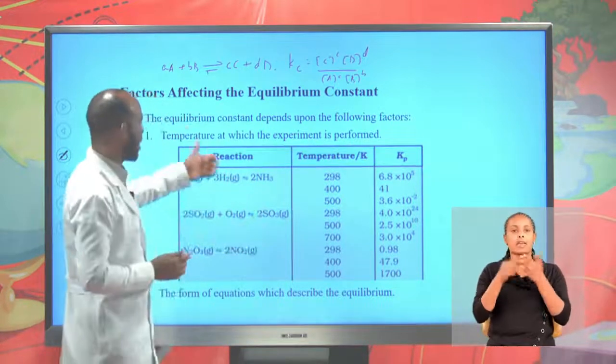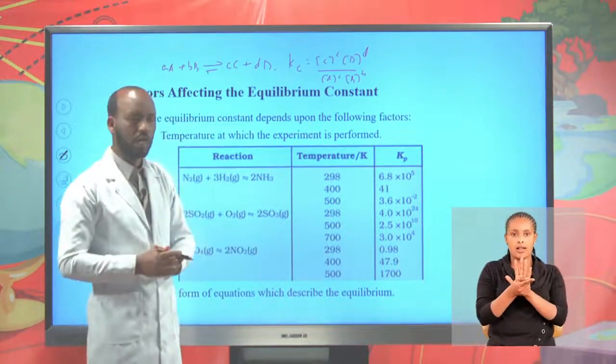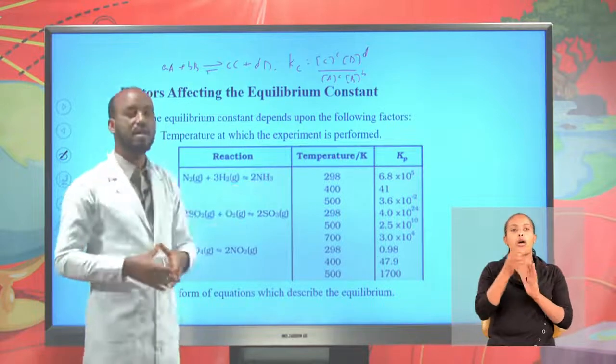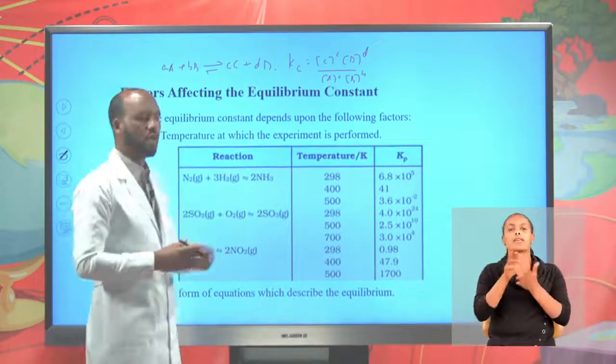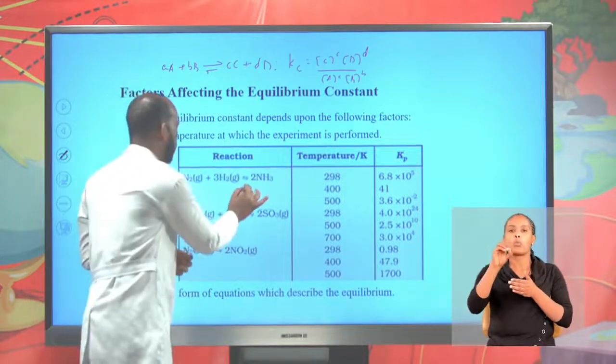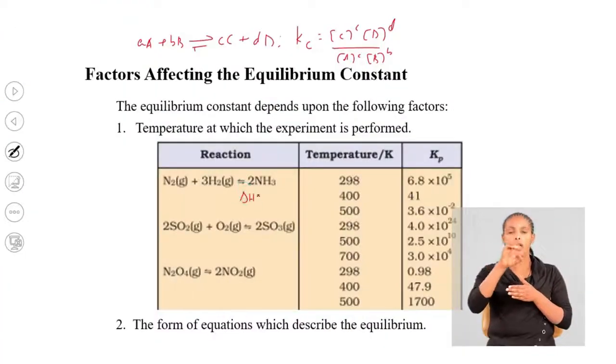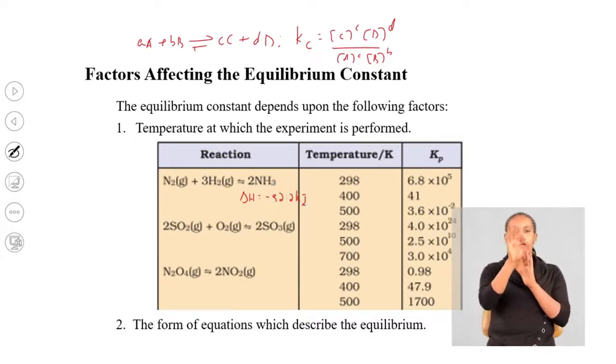Take this as an example: production of ammonia by the Haber process. This reaction is exothermic. Delta H for this reaction is minus 92.2 kilojoules. You see? Production of ammonia from its elements nitrogen and hydrogen by the Haber process.